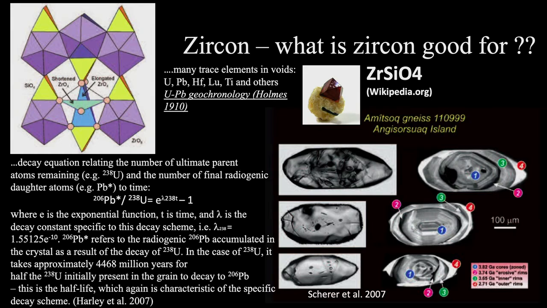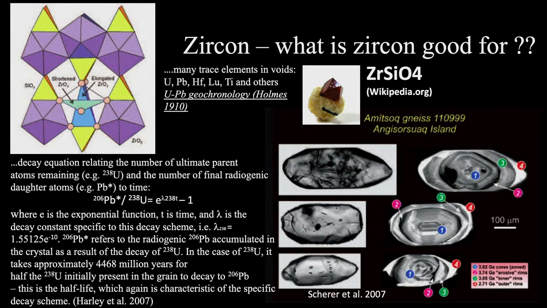And we have also titanium. And if a zircon crystallizes in equilibrium with some other minerals like rutile, this is titanium oxide, and quartz, we may use titanium to speculate about the crystallization temperature of the mineral.